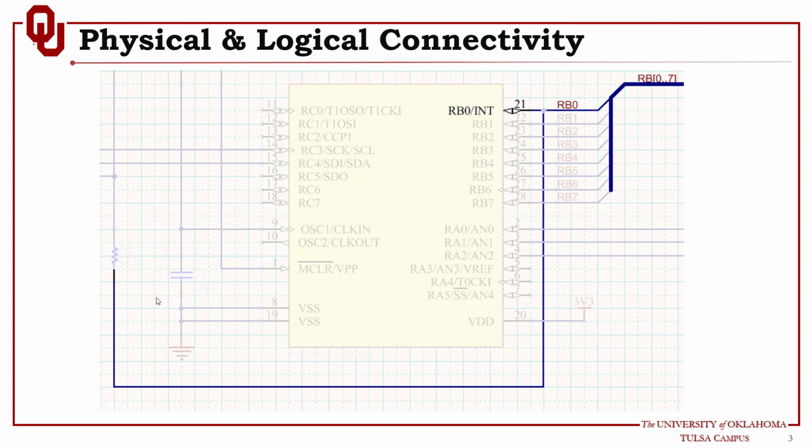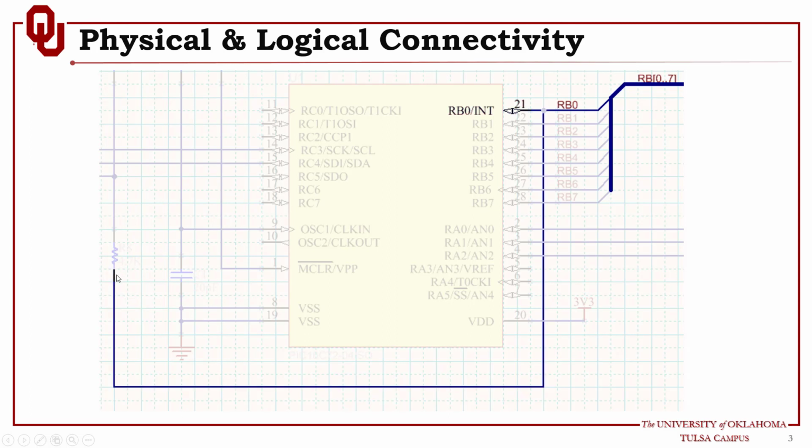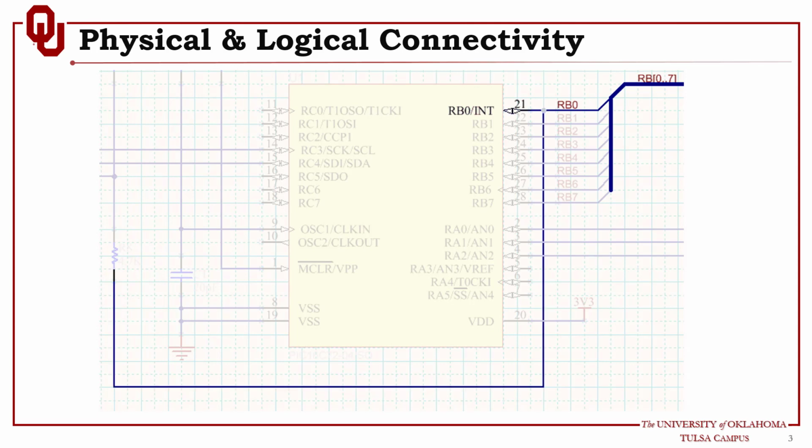On the other hand, you can connect one pin to another by drawing a small wire and adding a net label on that wire and then another net label on the other component. Now when you compile the design, the software identifies these two net sections and connects them to form a single net. This type of connectivity is referred to as logical connectivity.